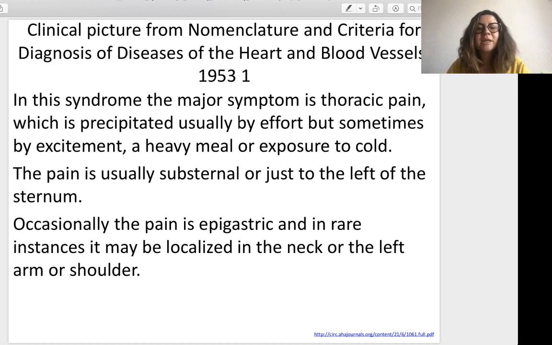The pain is usually substernal and just to the left of the sternum. Occasionally the pain is epigastric, and in rare instances it may be localized in the neck or the left arm or shoulder. Yes, more accurate, shorter, not such a detailed, but a very good explanation too.